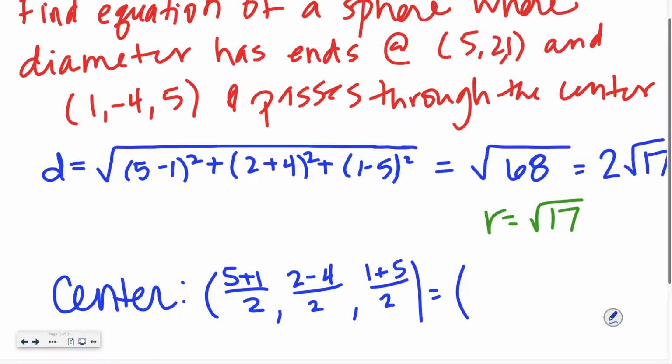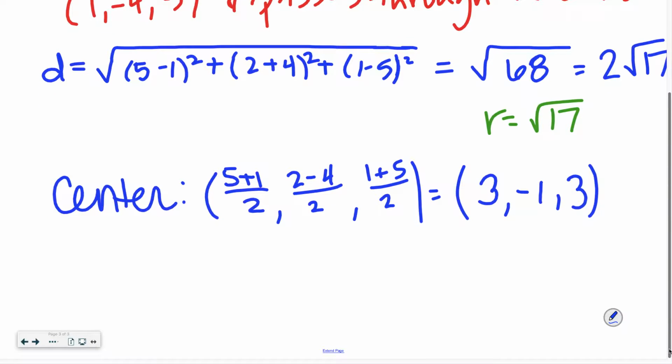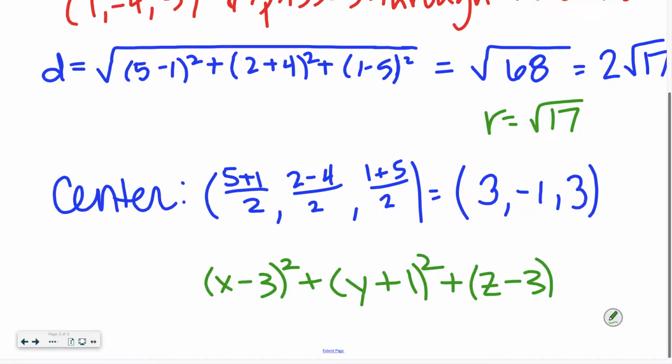So our center would be at 3, -1, 3. So our equation would be x minus 3 squared plus y minus -1 squared plus z minus 3 squared equals radical 17 squared, so I'm just going to write 17.